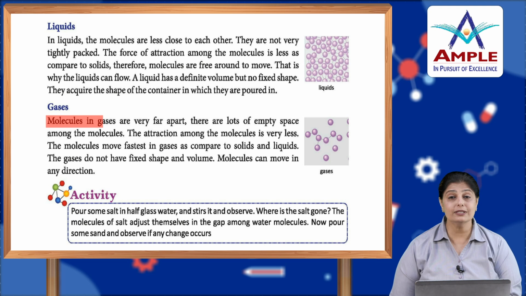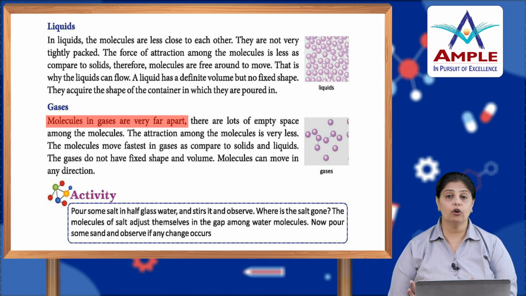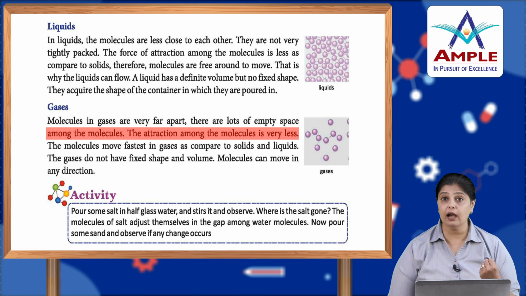Gases. Molecules in gases are very far apart. They are not tightly packed, they are free flowing, but totally apart, and there is lots of empty space between these molecules. If you look at the diagram, you will come to know. The attraction among the molecules is very less. In solids, the attraction is very high, and that is why they are so tightly packed.